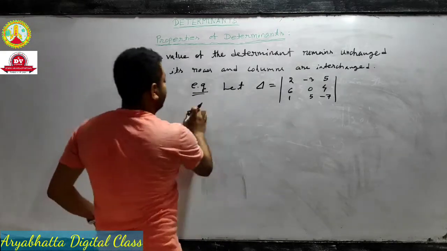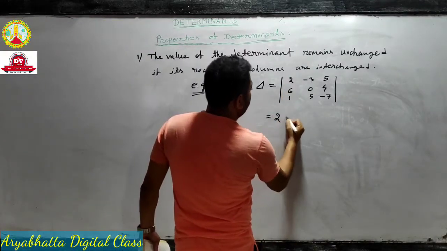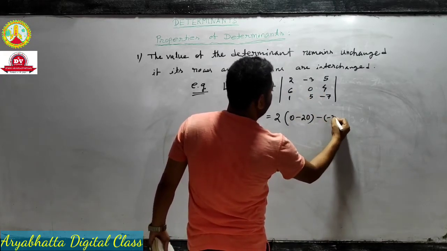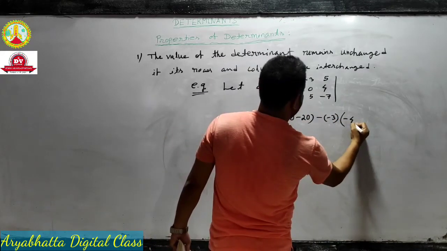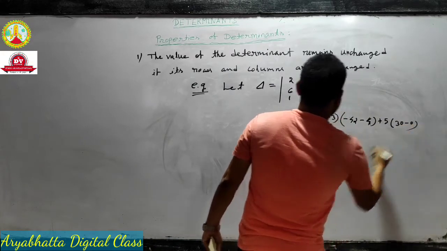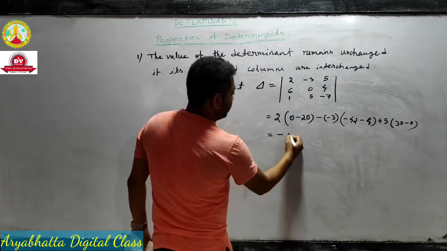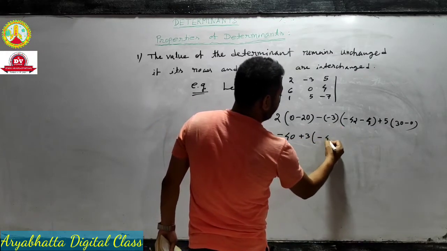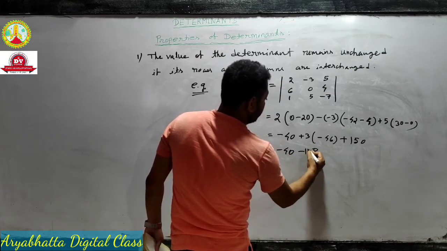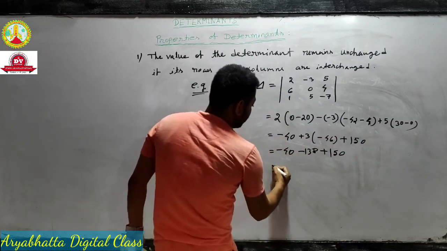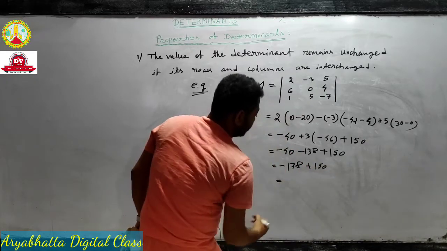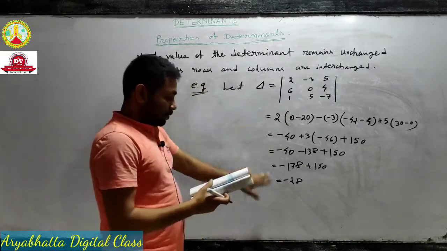Proof: expanding along the first row, 2 into (0 minus 20), minus (minus 3) into (minus 42 minus 4), plus 5 into (30 minus 0), which is equal to minus 40 minus 138 plus 150, which is equal to minus 28. This is equal to minus 28.